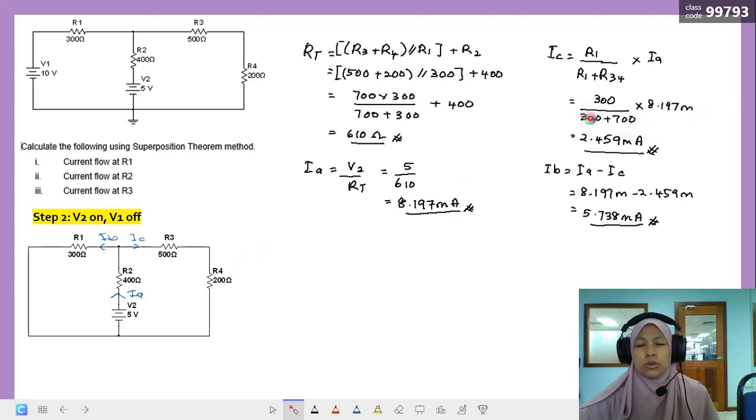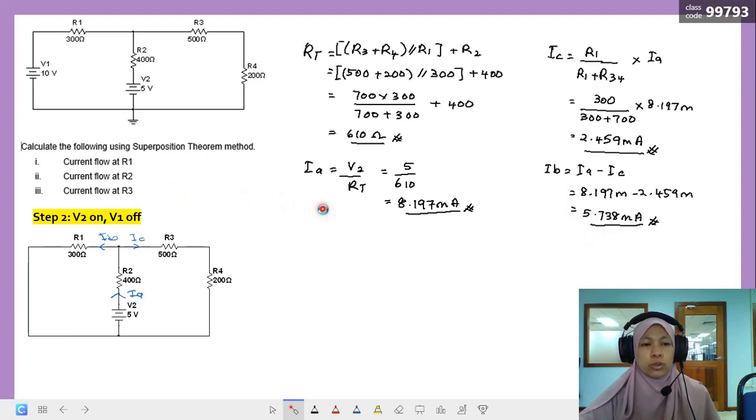So 300 over 300 plus 700 times 8.197 milli, we get 2.459 milliampere. This is the value for IC. To get IB, we do IA minus IC, to get the answer 5.738 milliampere. So we finish the second step.